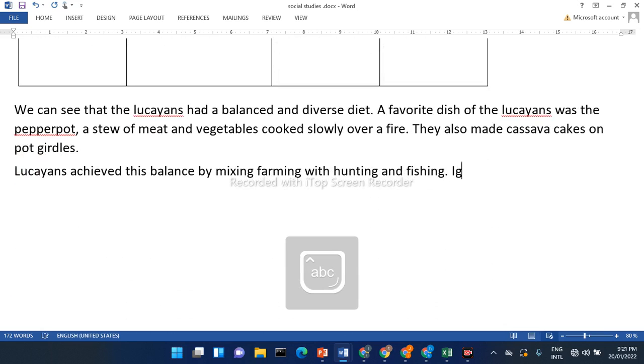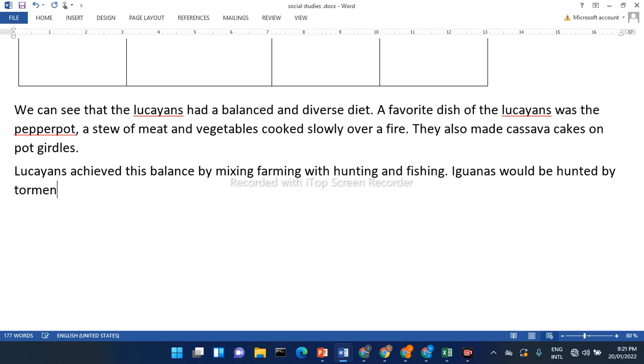So iguanas would be hunted by tormenting them, right? Until they showed their teeth. So we're explaining how they hunted for the iguana.